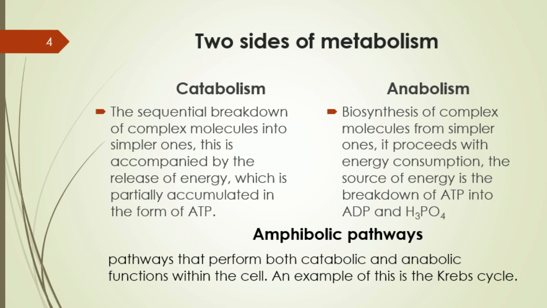There are metabolic pathways that perform both catabolic and anabolic functions, depending on the needs of the cell. They are called amphibolic, that is, dual. An example of an amphibolic pathway is the Krebs cycle with some auxiliary enzymatic reactions.